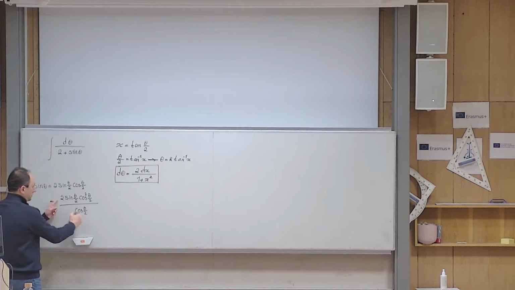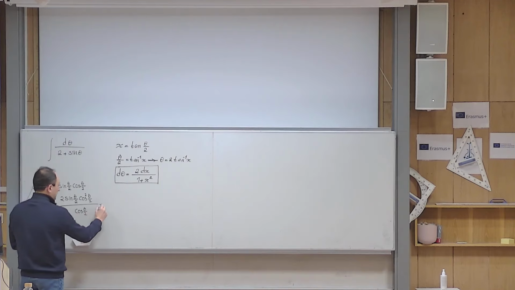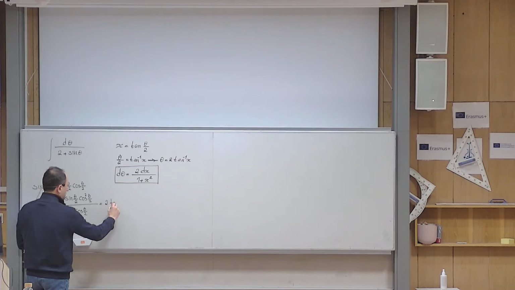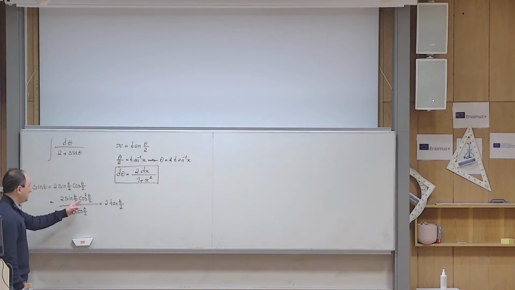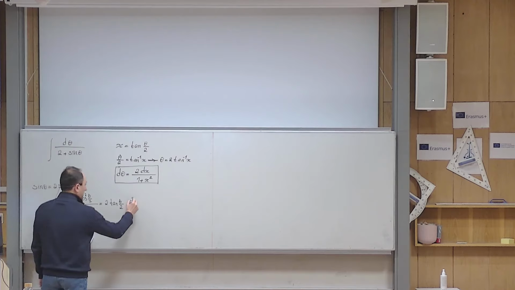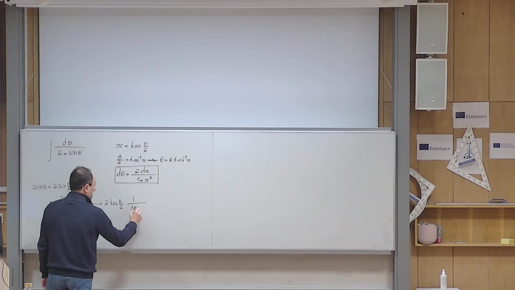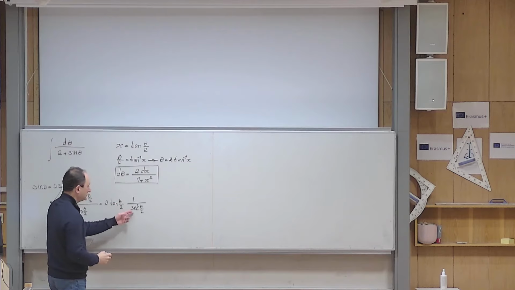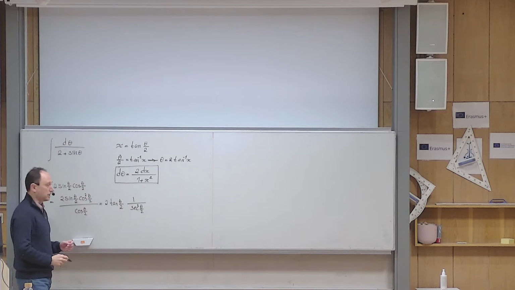But this is nothing except tangent theta over 2, and I have a 2 here, so it becomes 2 tangent theta over 2. And this can be brought into the denominator and written as secant squared theta over 2, because 1 over secant squared is just cosine squared.